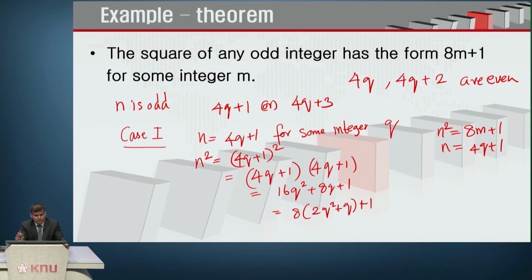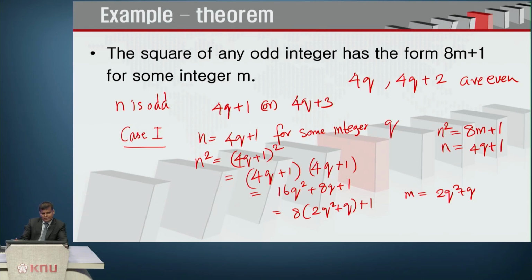So here again, can I rightly say that m equals 2q square plus q? Yeah, if I can do that, then m is an integer, since 2 and q are integers and sum and product of integers are again the integer.